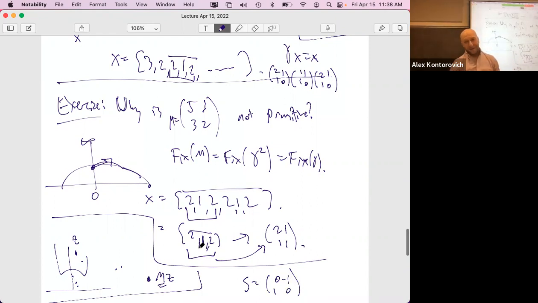So what sometimes happens, in fact I wrote an odd length here, is that you'd get a matrix in GL2Z but not SL2Z, and you would have to square it to get something in SL2Z that has the same period. So when you say primitive, it's with respect to SL2, not GL2. And the same algorithm goes through in exactly the same way.